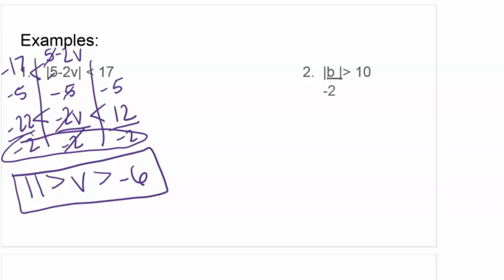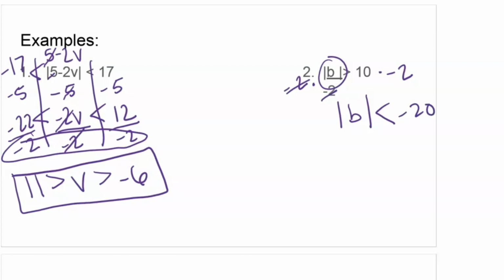Okay, let's look at number 2. First step, I have to get the absolute value by itself. So I have this negative 2 on the outside that I have to get rid of. So I'm going to multiply by negative 2 on both sides. So then I get the absolute value of b. And then, again, because I multiplied by a negative, then I would flip that sign, is less than negative 20.